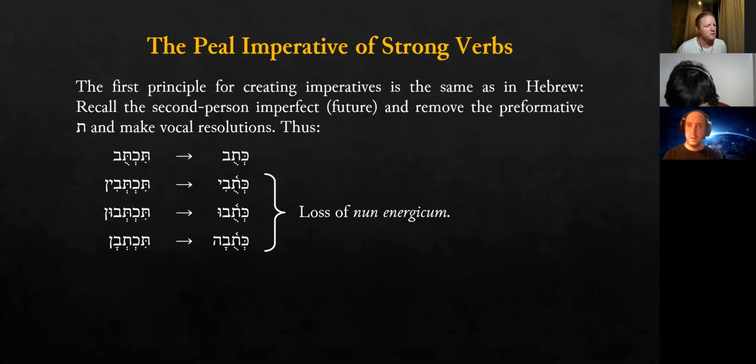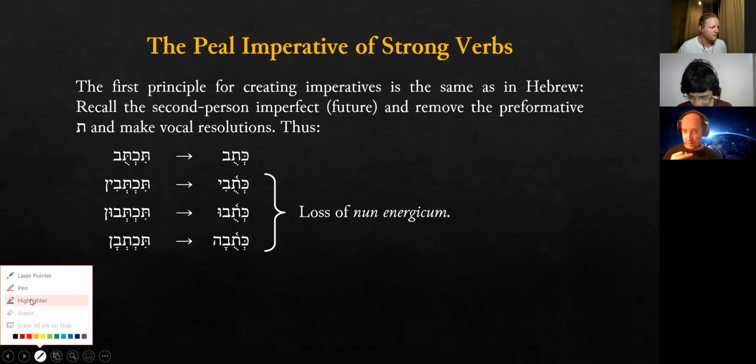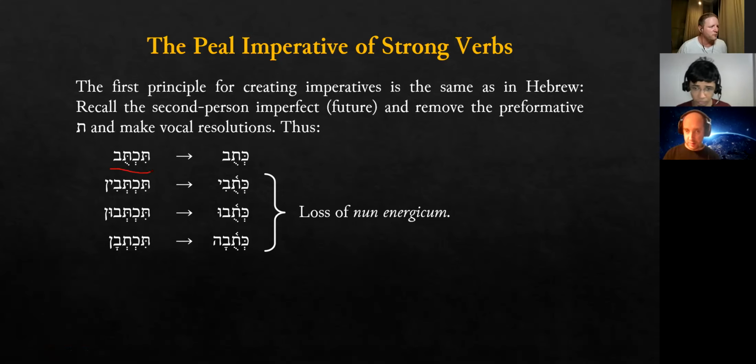In Aramaic, because we have the nun energicum in each of the plural and the feminine forms, we're going to remove that as well, and that will cause the vowels to shift a bit. So if the future in the first case is tichtuv, which we went over last week, for you shall write, you will write, you take off the preformative t, it gives you chtuv.